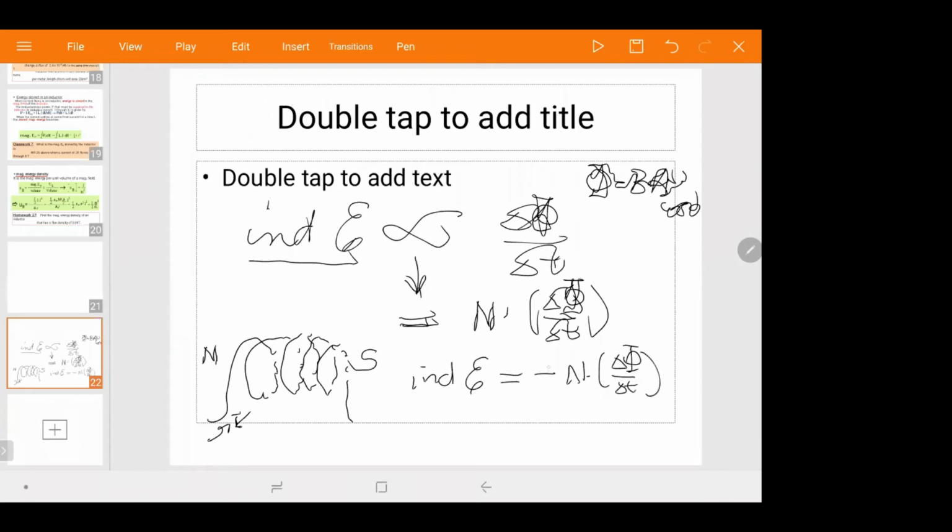This minus sign tells you that the magnetic field of the induced current opposes the magnetic field which caused this voltage in the first place. So we say briefly, induced current opposes change of flux. All right, let's go on.